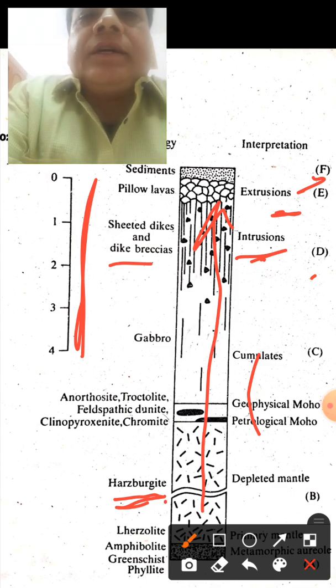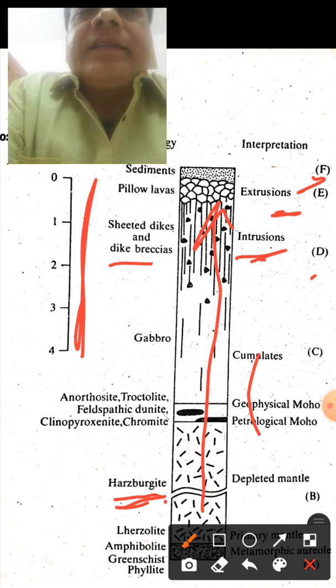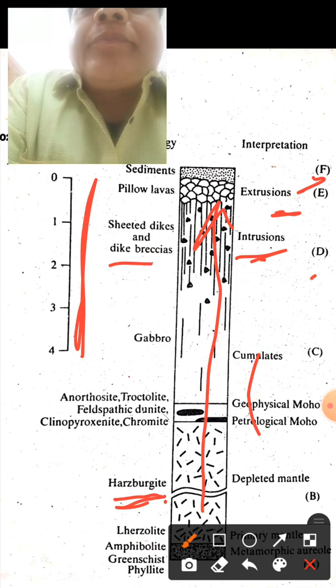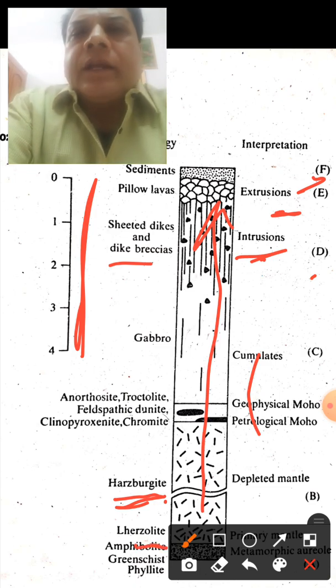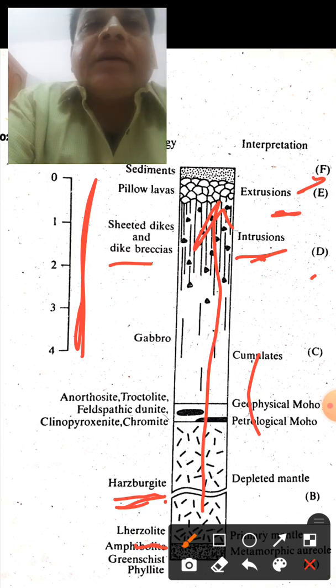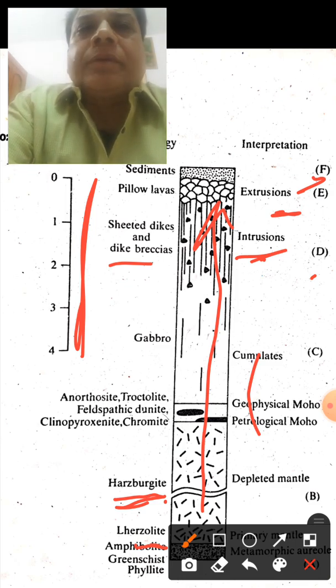Similarly, if you come slightly here, this rock type is called lherzolite. This is composed of olivine, clinopyroxene and orthorhombic pyroxene.